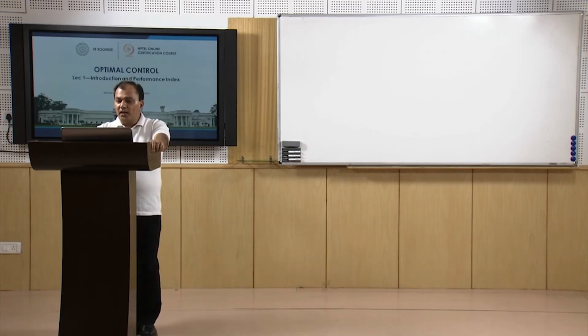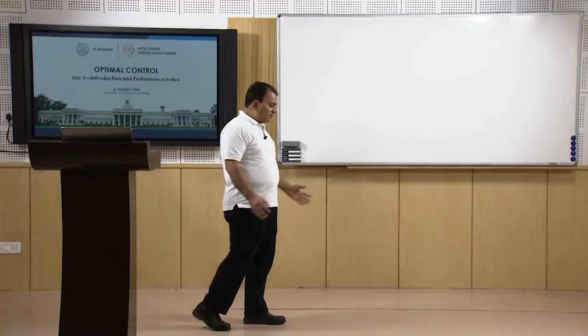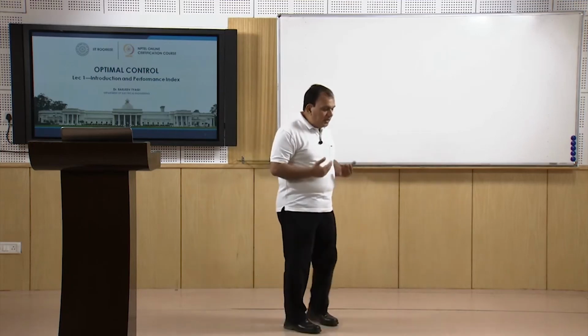We normally obtain this optimal control signal in such a way that it will satisfy the physical constraint, which is nothing but my plant, and at the same time extremize, meaning either minimize or maximize, a performance criterion, like we have discussed about the minimization of the error.